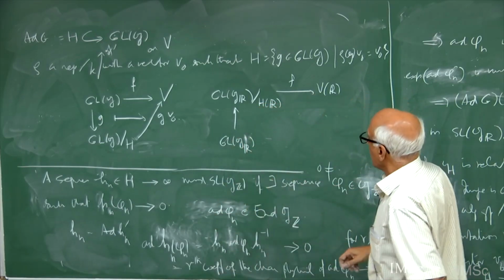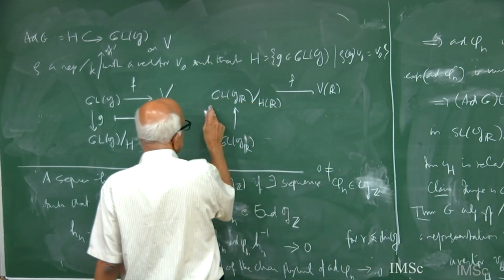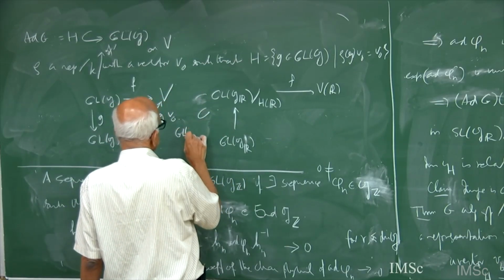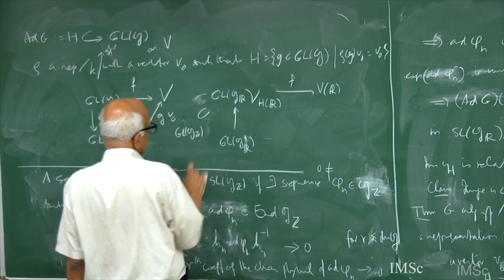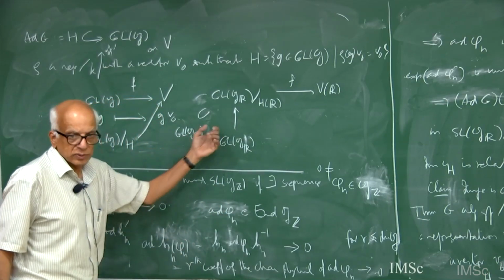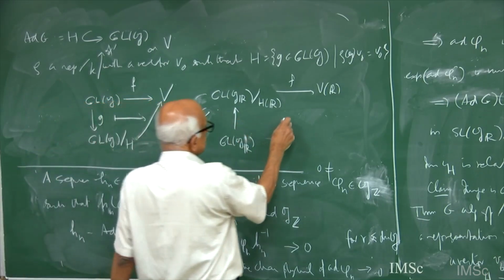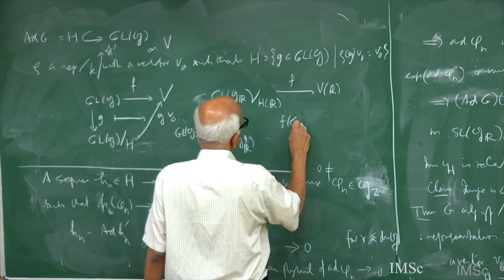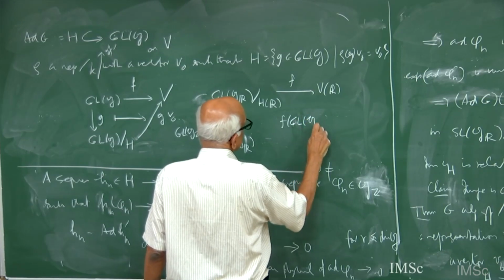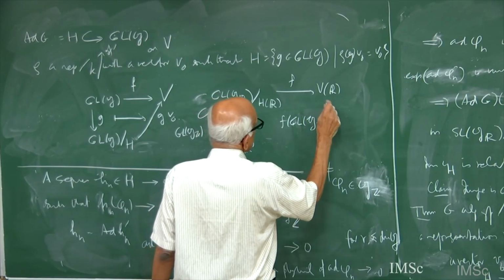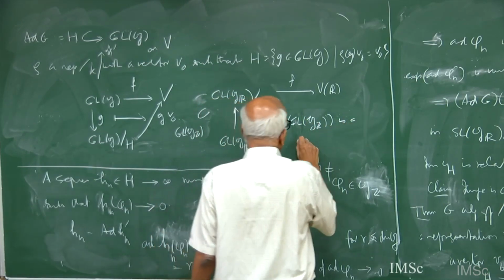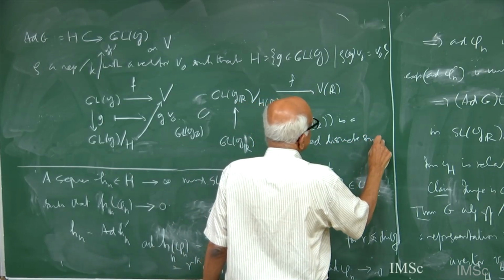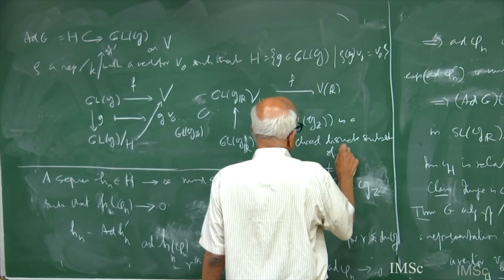Now, what happens to the subset? You have this subgroup here, GL_n(Z). Look at f of GL_n(Z). This is a closed discrete subset of V(R).